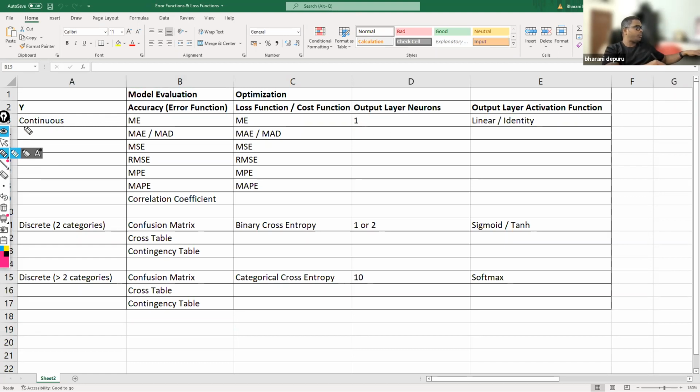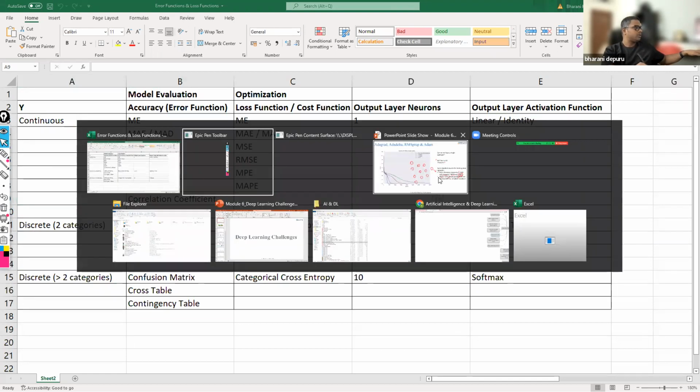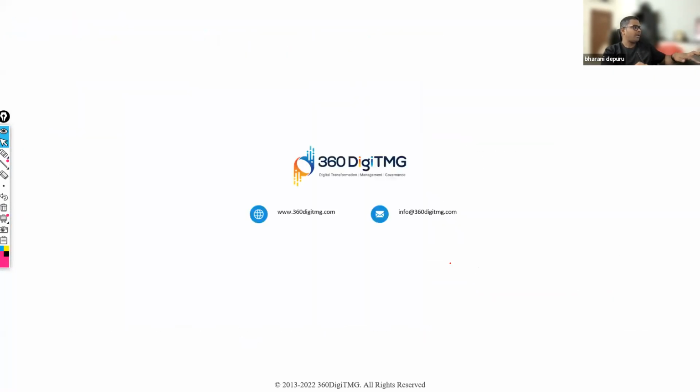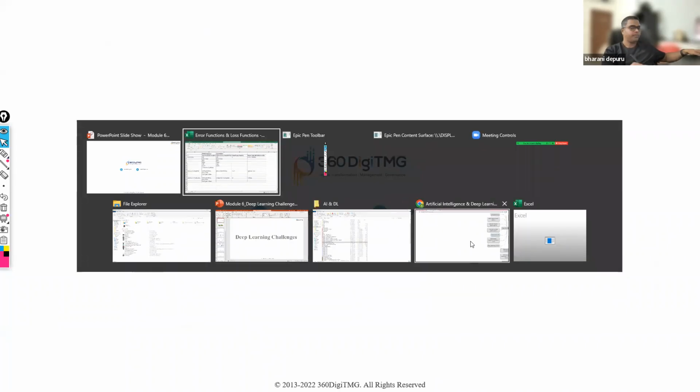If you have a continuous output variable, use this activation function in the output. If you have discrete with two categories, use this. If you have discrete with more than two categories, use something else. We already discussed this. So these are the various things, and I've been doing a recap, so not to worry.